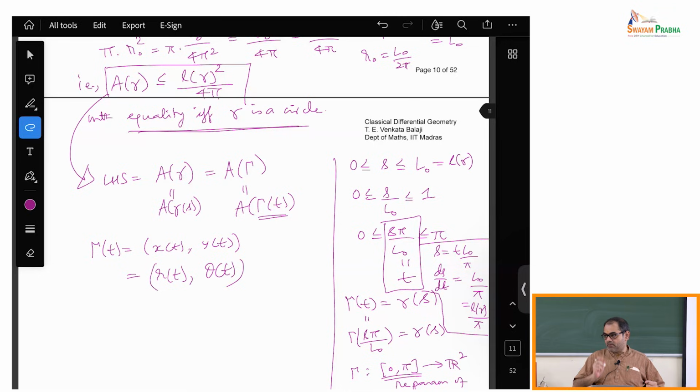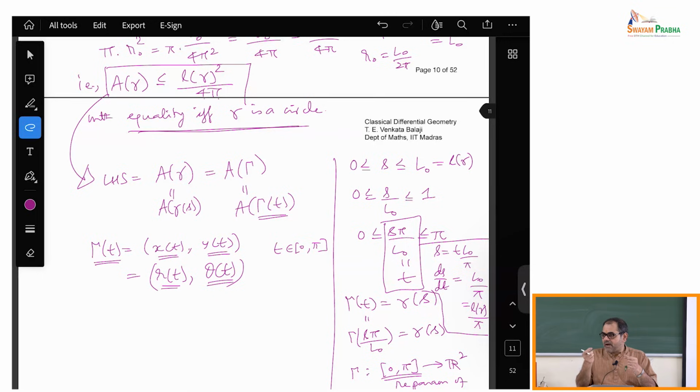Of course t is going to vary from 0 to pi in all four: x of t, y of t, r of t and theta of t.